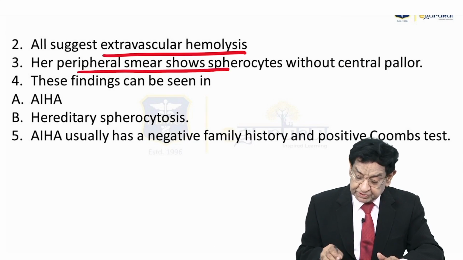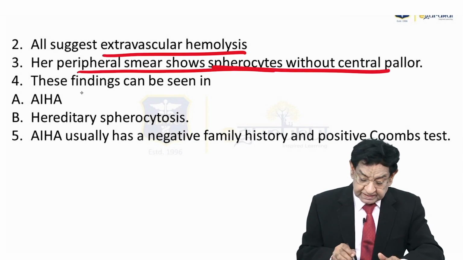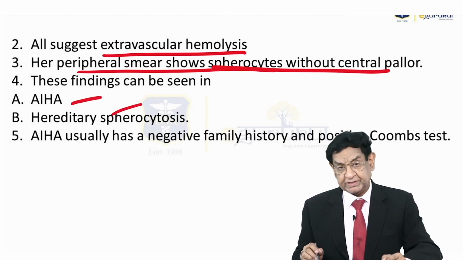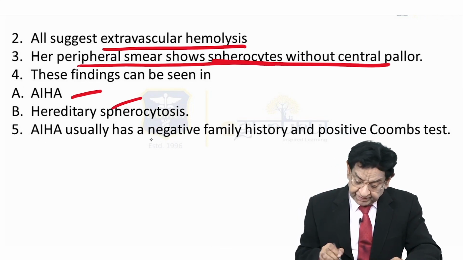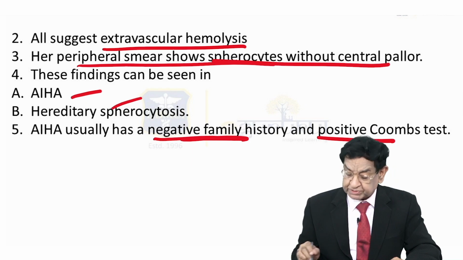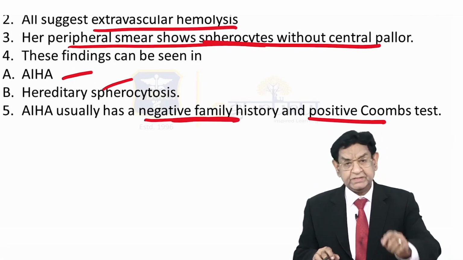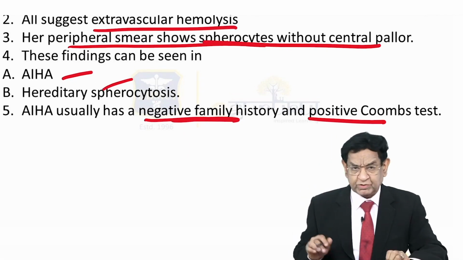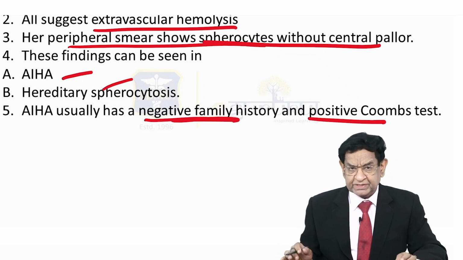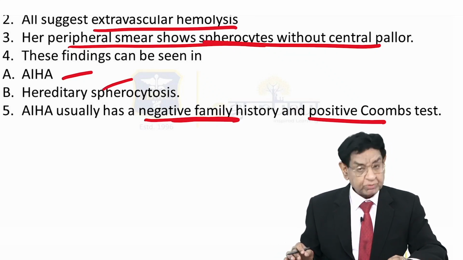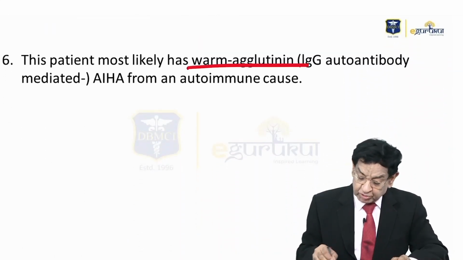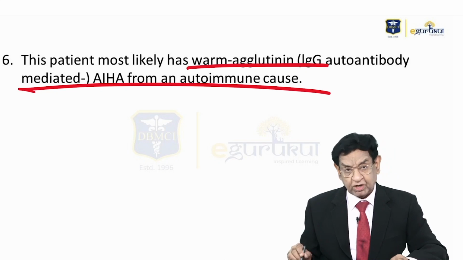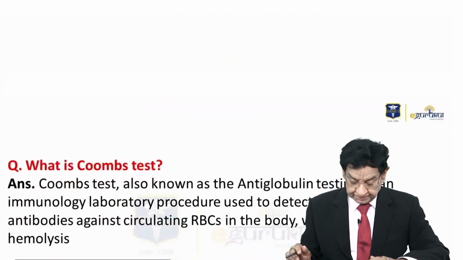Her peripheral smear shows spherocytes without central pallor, and these findings are seen in AIHA and hereditary spherocytosis, the point I mentioned. But here in AIHA, family history is negative and the Coombs test is positive. Classically in our question it is written there is no family history of blood disorder, but the Coombs test is positive. So in this we have warm autoantibodies which can lead to autoimmune hemolytic anemia.